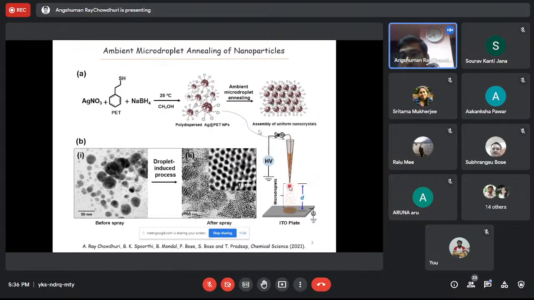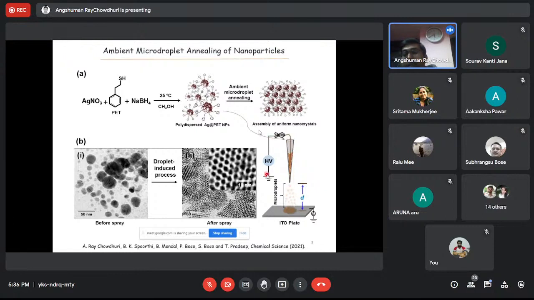The tip of the glass capillary from where the microdroplets are generating, and the collector, that means the substrate where the material will be gathered. If the tip to collector distance is more, then the droplet size will be different. If it is less, then the droplet size will be different.